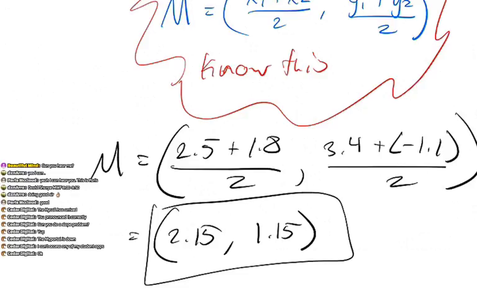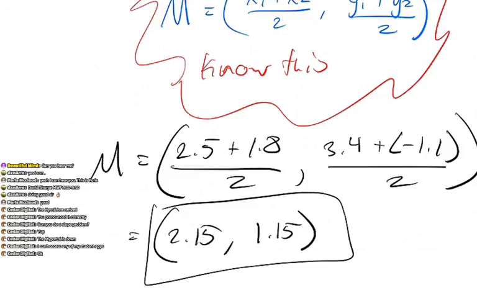Okay, did I make a mistake? Anybody see an error at all? Oh, it says type an integer or a simplified fraction. Oh, this actually is a different question altogether. Oh, let me back up.